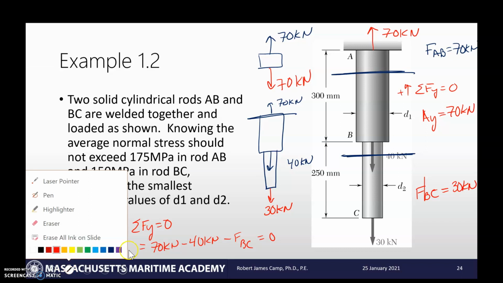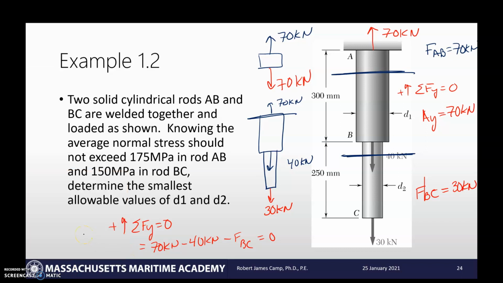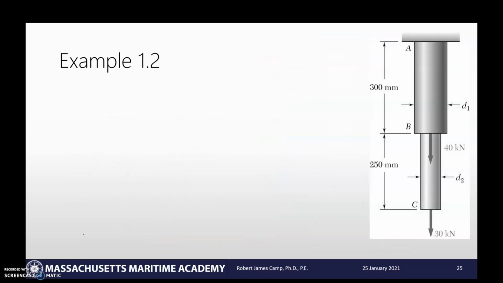And so now using that information, we can go and solve our internal equations. So let's get some space here. Let's look at AB. With AB, once again, I know my internal load, so the force in AB has to be 70 kilonewtons. And I'm just going to go right to my definition of stress.